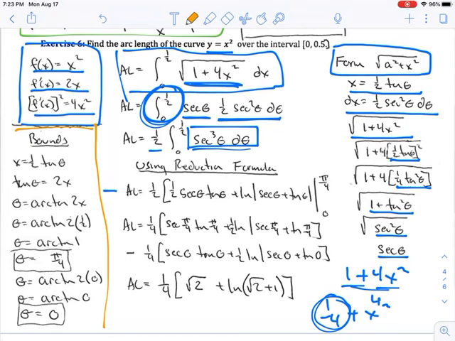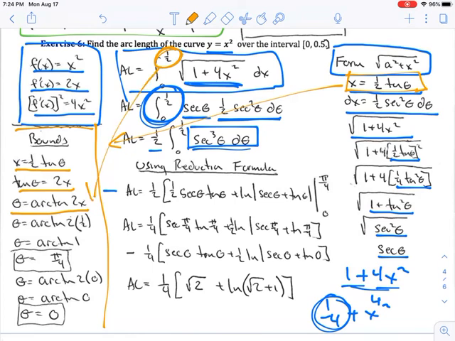And I'm using my substitution from over here. If x is equal to 1/2 tangent theta, then tangent theta is 2x. And then using inverse trigonometric functions, theta is arctan of 2x. Now, what's my upper bound? My upper bound is 1/2.